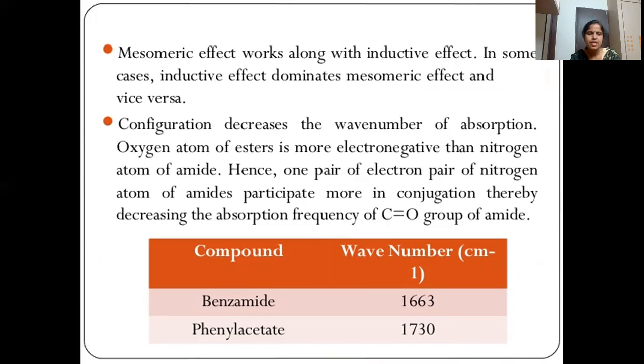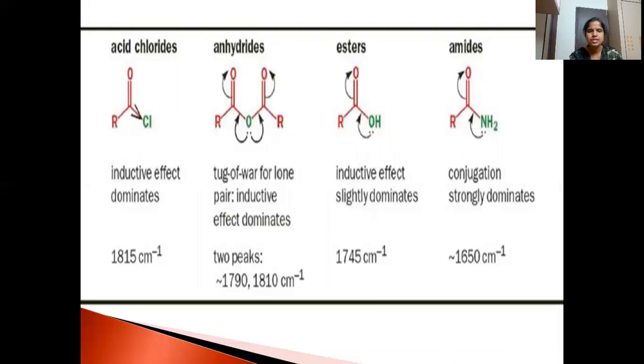Then if we take an example of an amide and an ester, here we have taken the example of benzamide and the ester phenyl acetate. Phenyl acetate shows a higher vibrational frequency, 1730, whereas benzamide shows 1663. Why does benzamide show a lesser vibrational frequency? Again it is due to the same factor.